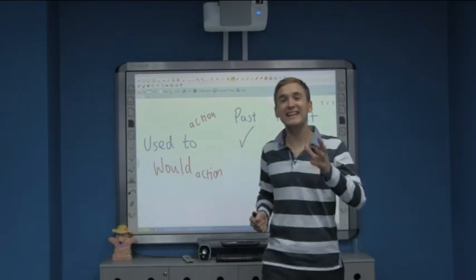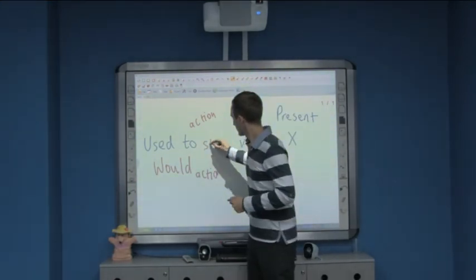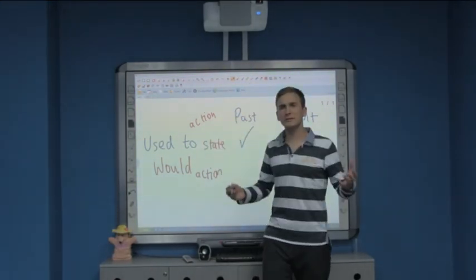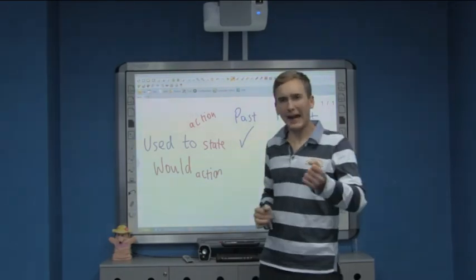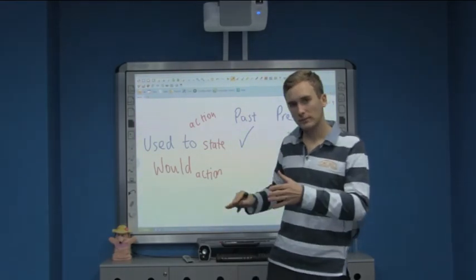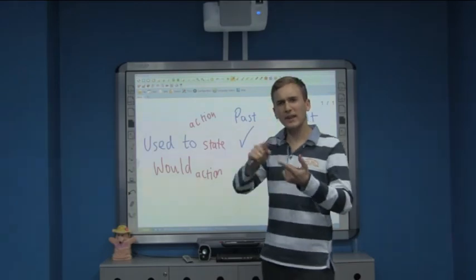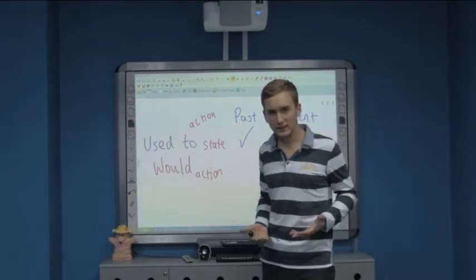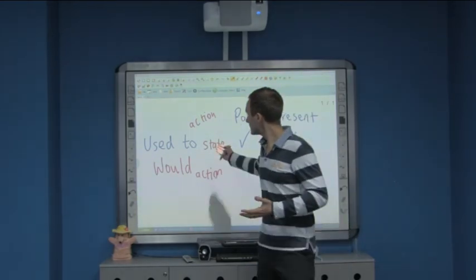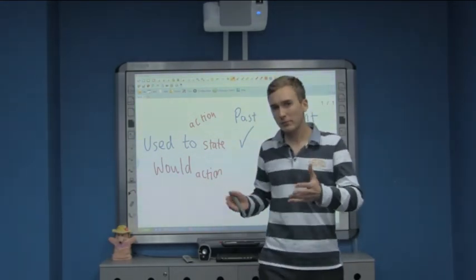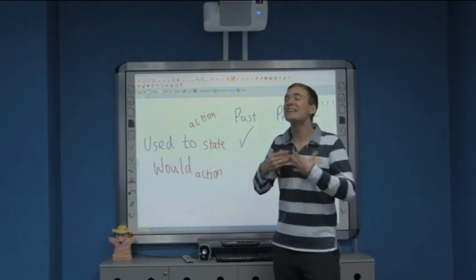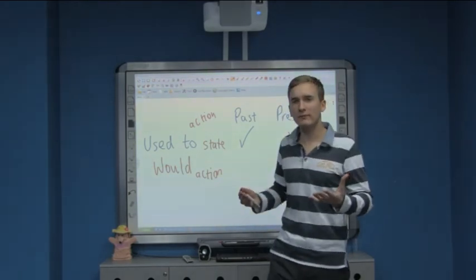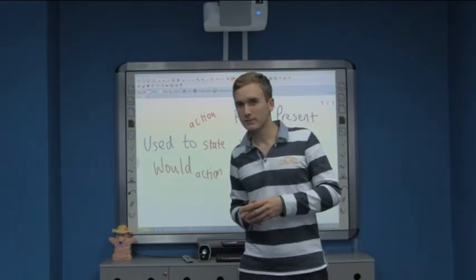And these are state verbs. What are state verbs? Are they action verbs? No, they're different. So we have things like think, feel, love, believe, understand. These are state verbs. For example, I used to love watching cartoons.